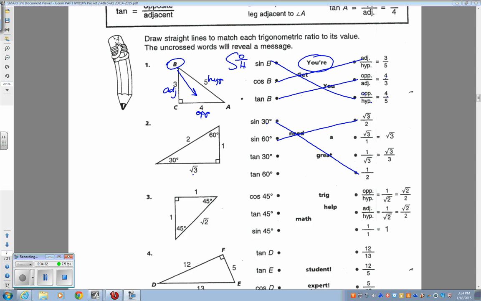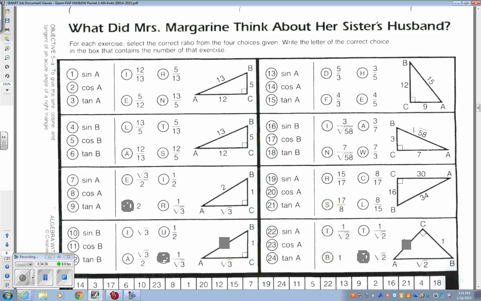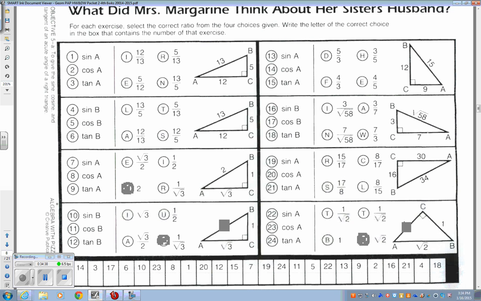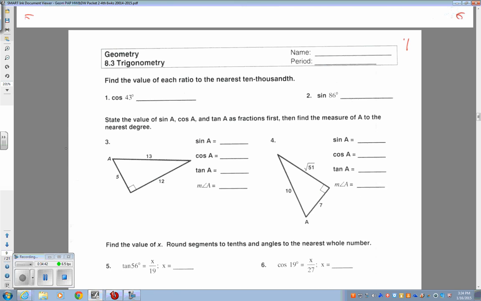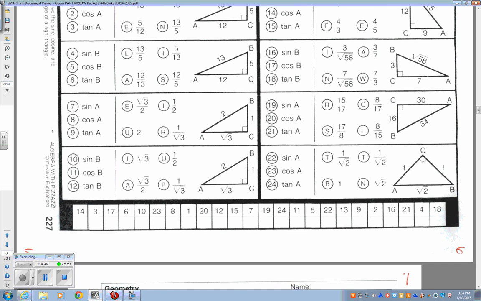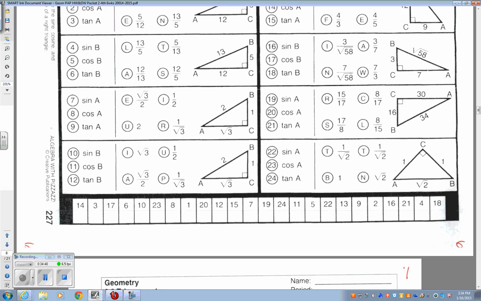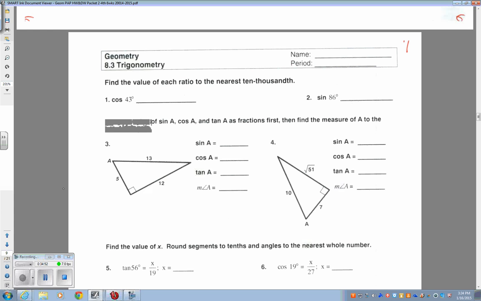Page 5, all of it. The next puzzle is on page 6. Then page 7. Hold up, 5, 6, and 7. Page 7 is just the evens.